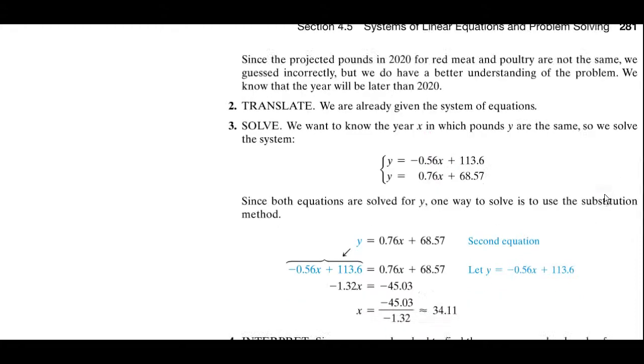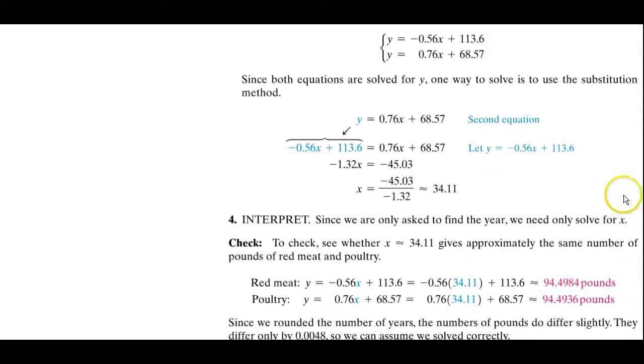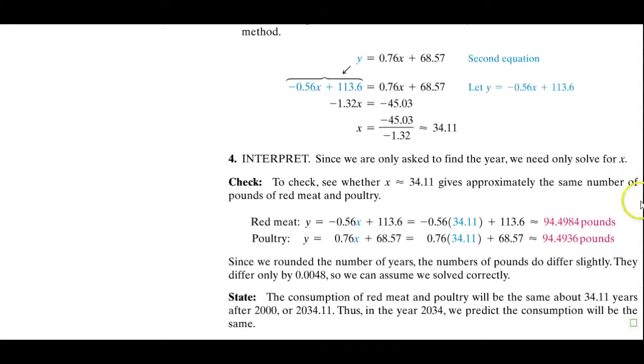So let's bring it up. And when they solve for x, they get x is this. Now, what did we say x was? Well, this is time. So we started in the year 2000, if you can go back and look at that graph. So what will be 2000 added to this?